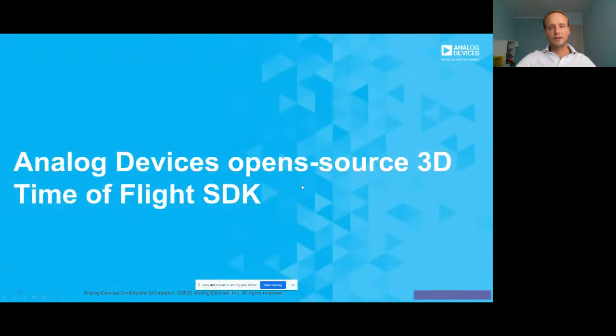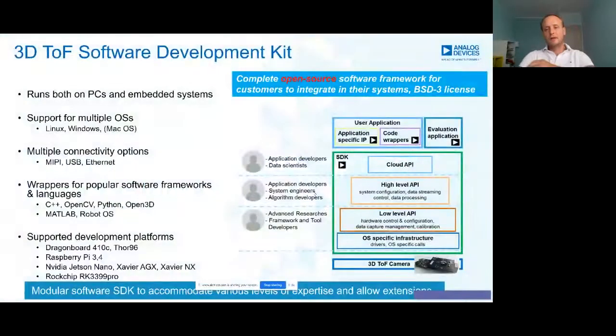So going further, I'll talk a bit about the open source SDK that we have for our 3D depth sensing solutions. I'll tell you about the way the SDK is structured, the architecture of the SDK, and the Python API that we have on top of the SDK.